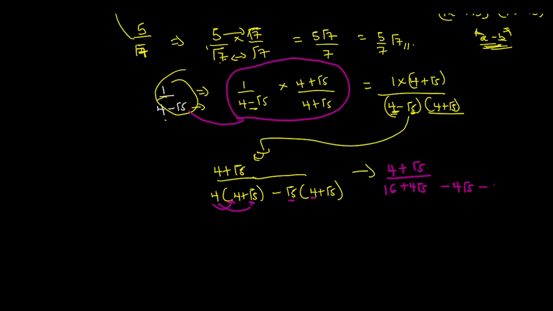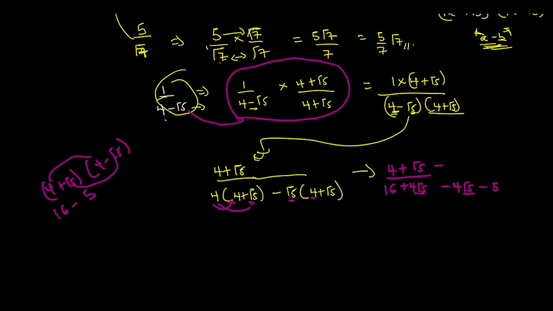What do you get? Minus what? 5, right? So notice, you see 4 plus root of 5 multiplying its conjugate, 4 minus root of 5. One thing that you have to be certain is that it is always this times this. So 4 times 4 is like 16 minus this times this, giving you 5, right? Because the middle one, look at it. Here you have 4 root 5, here you have 4 root 5, they are cancelling each other.